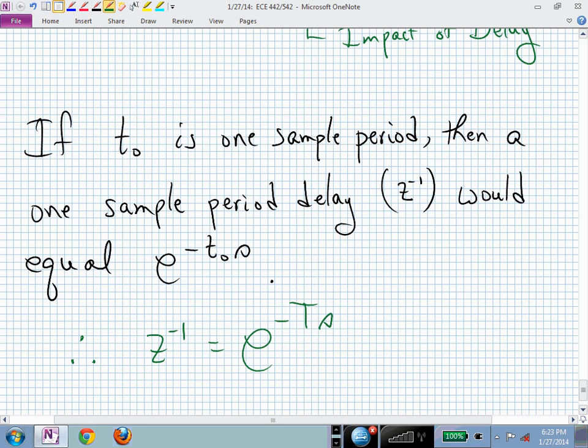Anything we knew before about s, if we had an s, we could now put it through this relationship and find what it is in the z domain, if somebody gives us the T, the capital T. So T is the sample period.